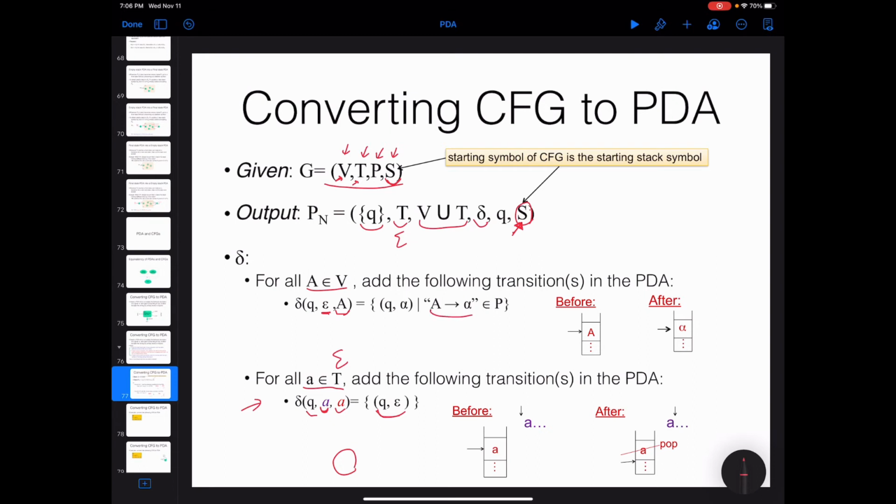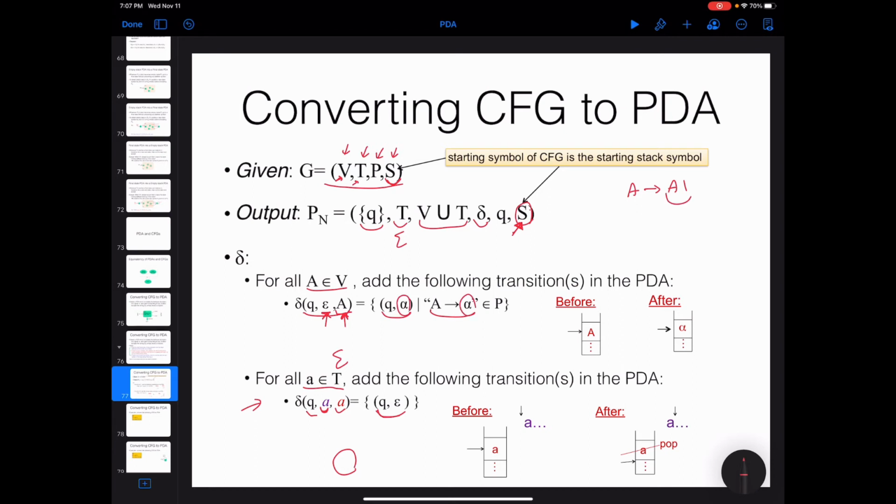For example, at a state Q, without consuming anything from the input, by just seeing the variable A on top of the stack, you stay at the state Q, you pop A from the stack and you push alpha, the right hand side of the rule.